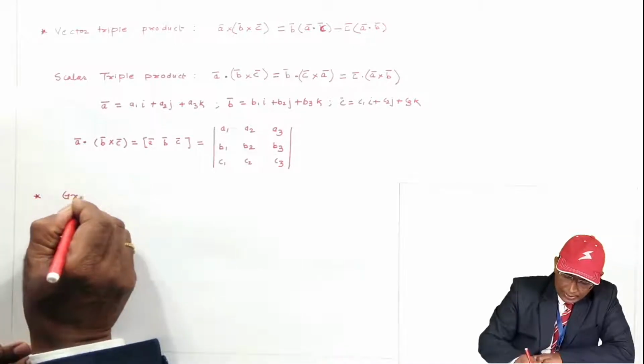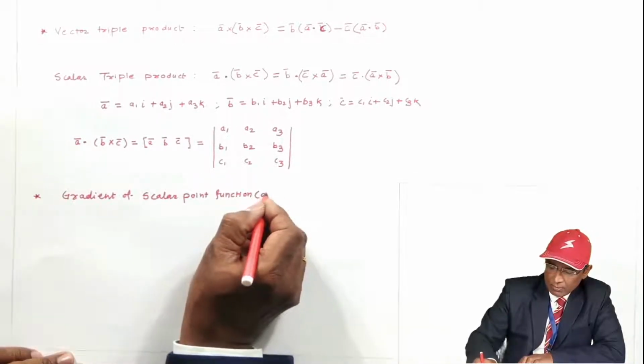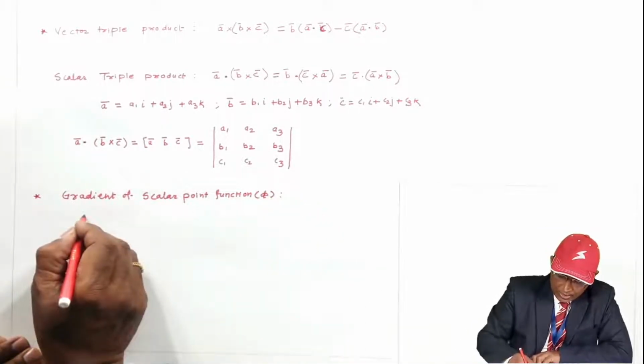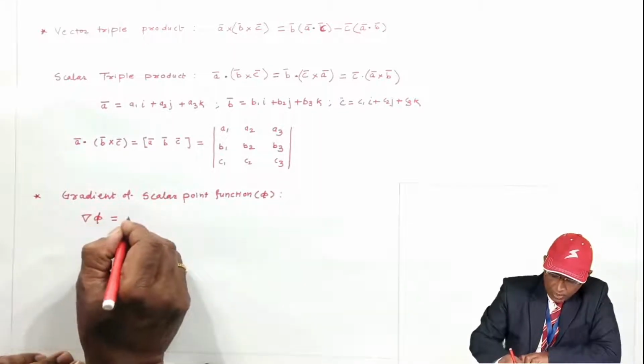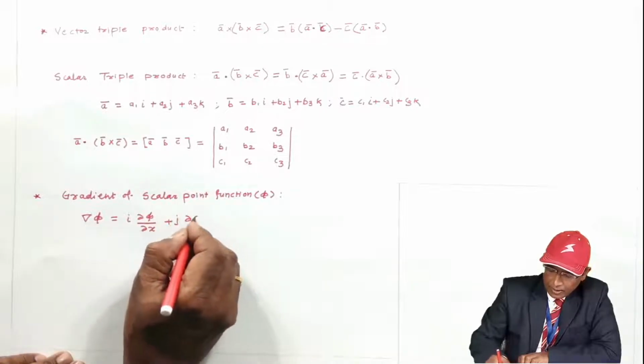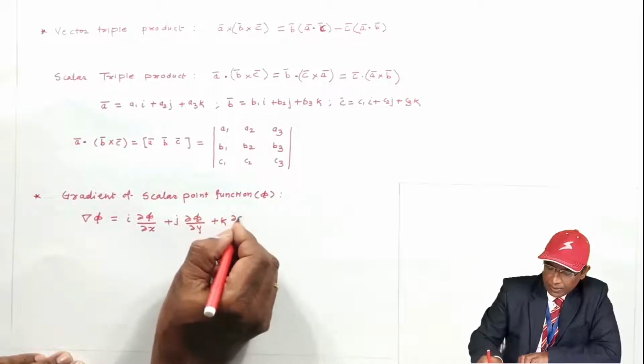Now gradient of any scalar point function. And scalar point function, this I am denoting it by phi. What is gradient of scalar point function? It is denoted as del phi, which is i del phi by del x plus j del phi by del y plus k del phi by del z.